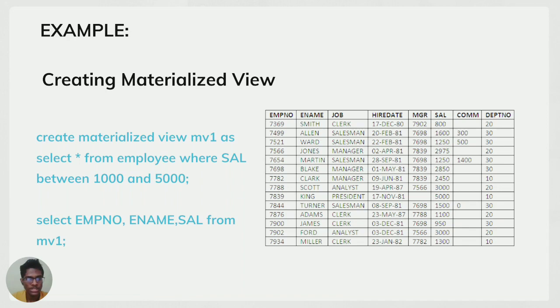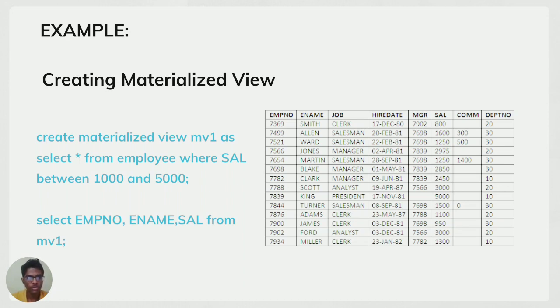Here we want the employees whose salary is between 1,000 and 5,000, so I wrote: select star from employee where salary is between 1,000 and 5,000. This result set is stored in the materialized view named MV1. This is the creation of a materialized view.